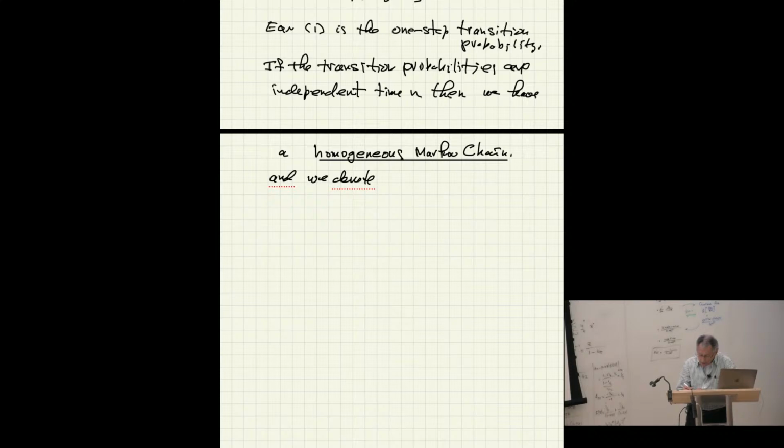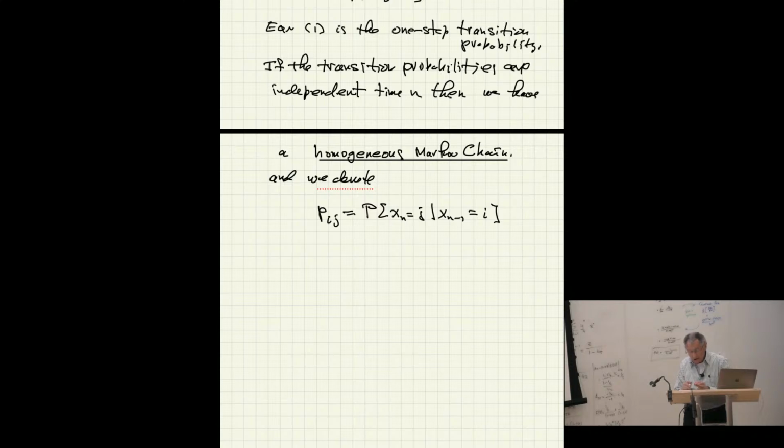Then we denote p sub ij as the probability that xn equals j given xn minus 1 equals I. Now I went from n plus 1 to n, it doesn't matter. These are now the transition probabilities.